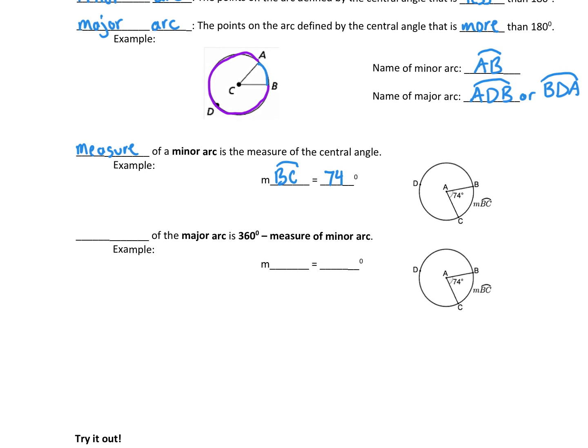Now to find the measure of the major arc, you take 360, since a circle is 360 all the way around, and subtract the minor arc. So the measure of BDC, the major arc, is 360 minus 74. That gives us 286 degrees. So the major arc, this big one, is 286 degrees.